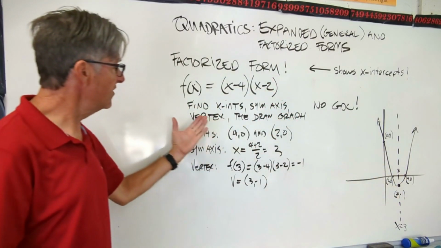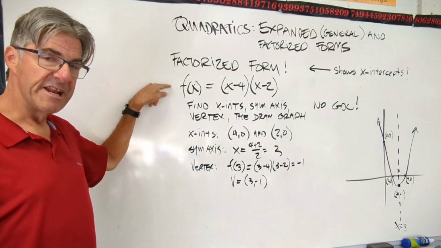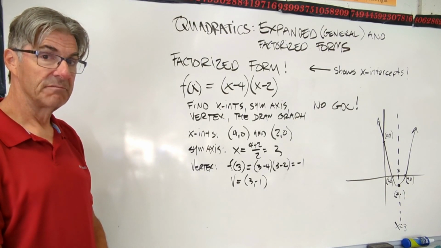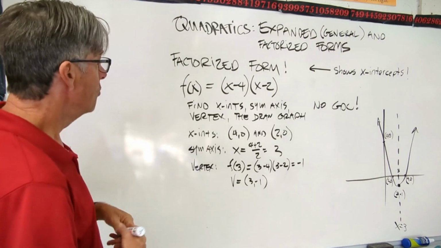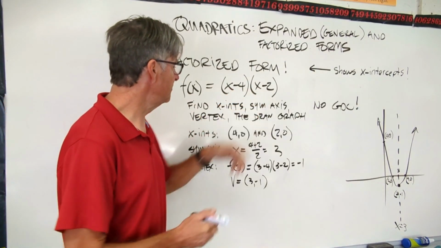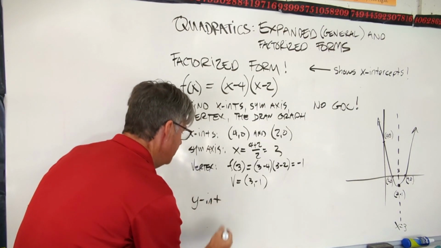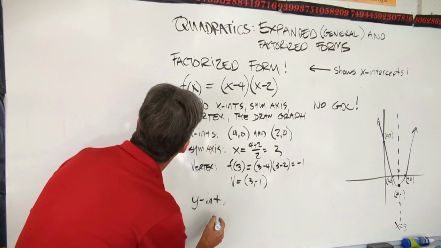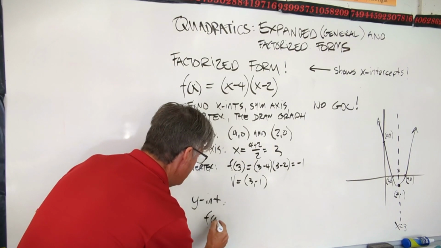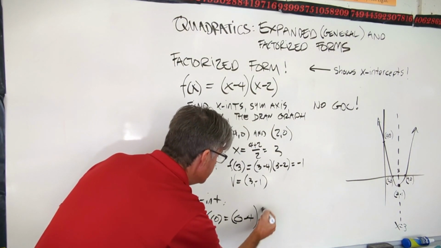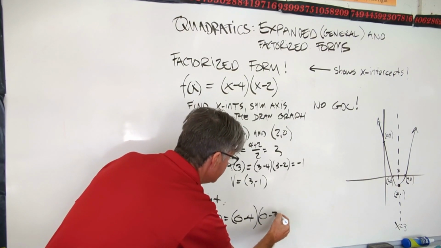So take a look at our function here. How might I get that intercept really fast? Check it out. The y-intercept happens when x equals 0. So I'm just going to add this right here, y-intercept, and I do f of 0 equals 0 minus 4 times 0 minus 2.